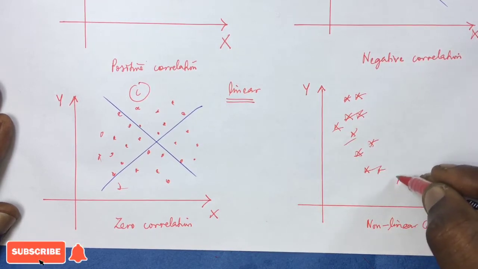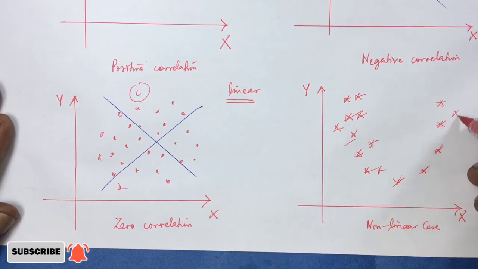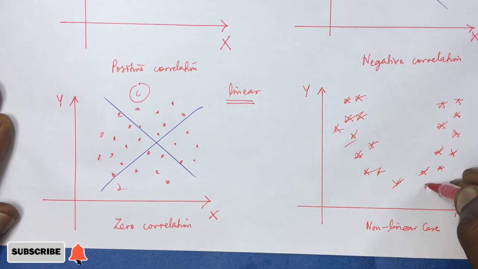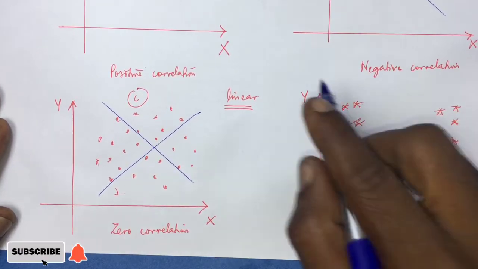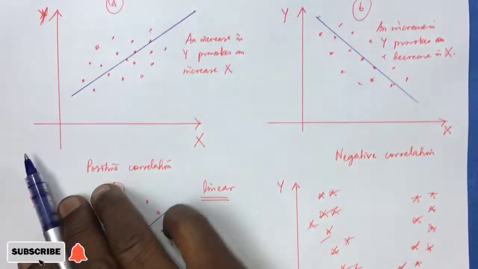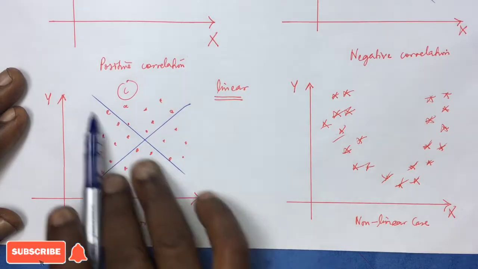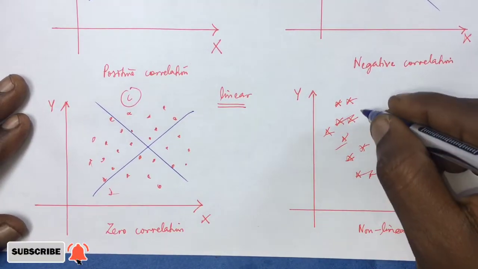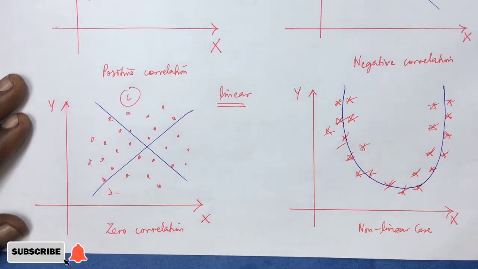Looking at the points, you will notice that they do not cluster around a straight line. If you look at it critically, the points do not go in any upward or downward direction, but they appear to be converging about a curve.